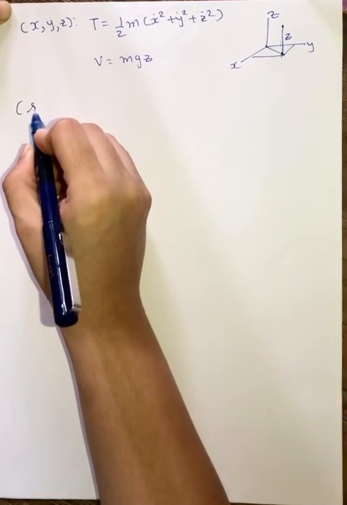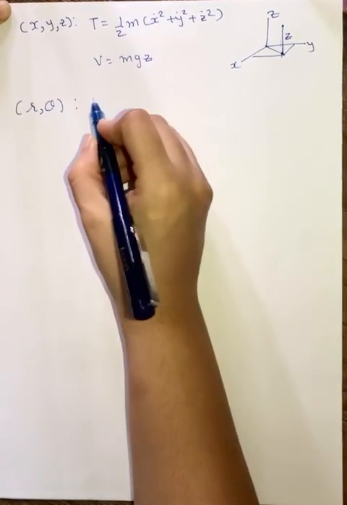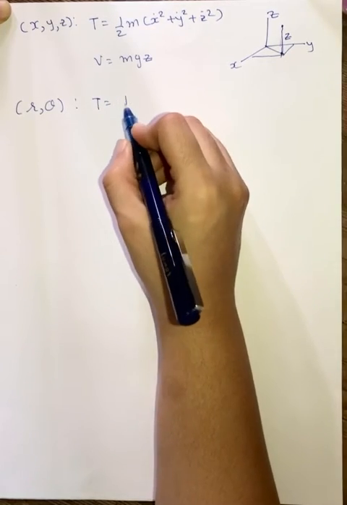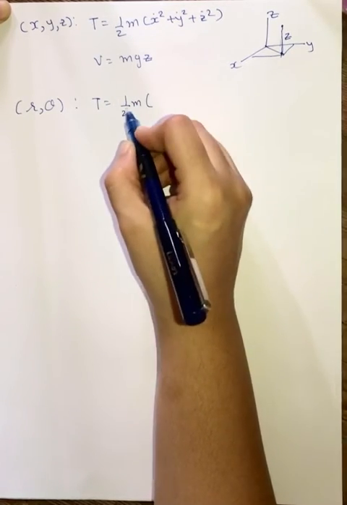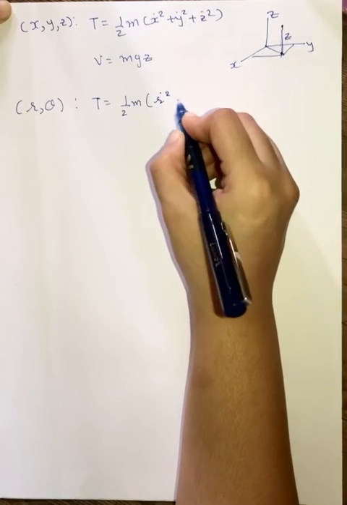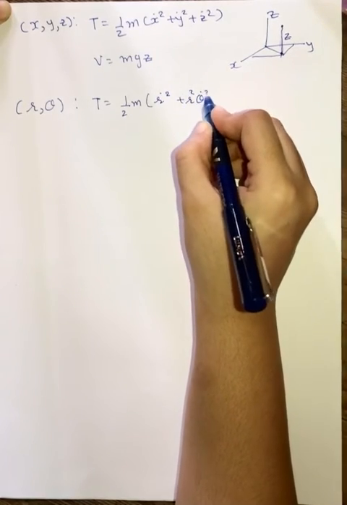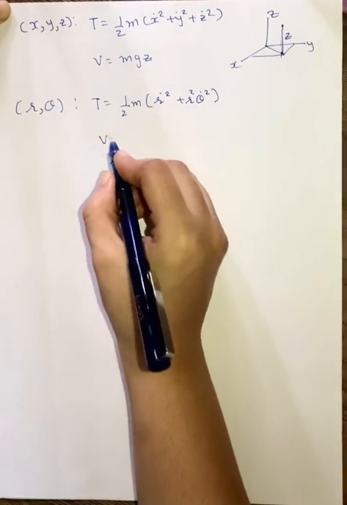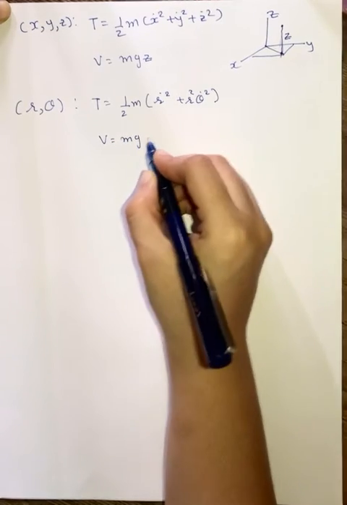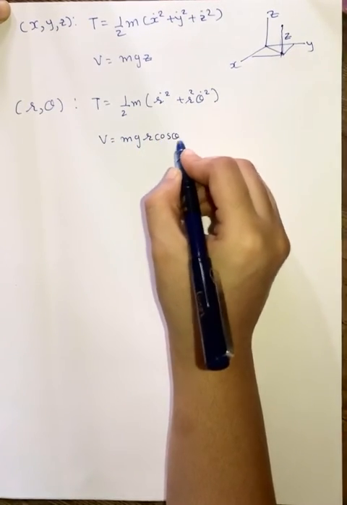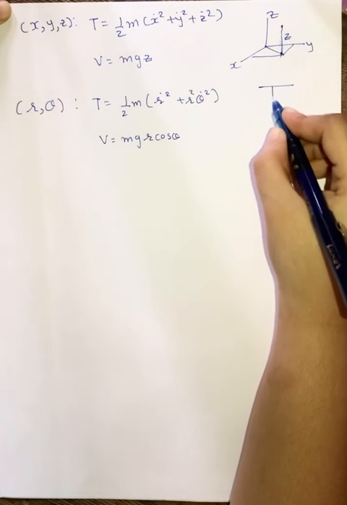If we choose polar coordinates, then the kinetic energy will have the form half m (r dot square plus r square theta dot square), and the potential will be m g r cos theta. So it is just like the pendulum.